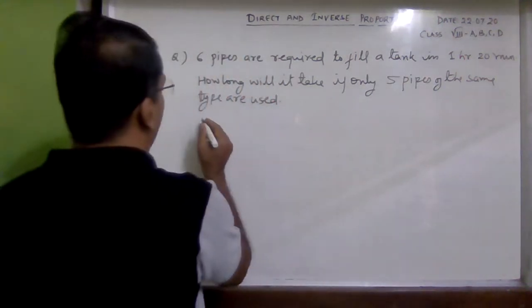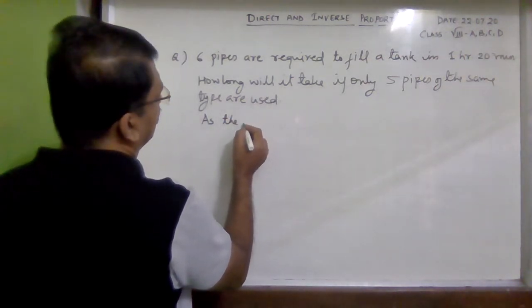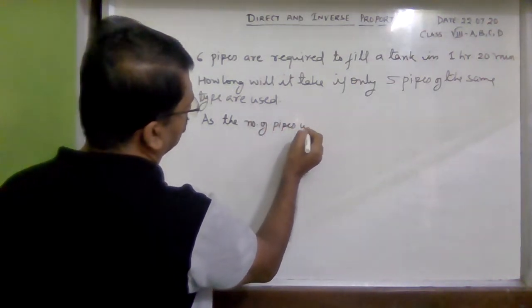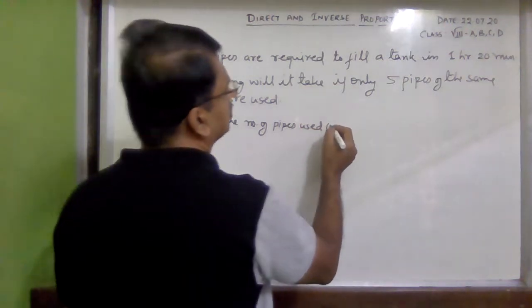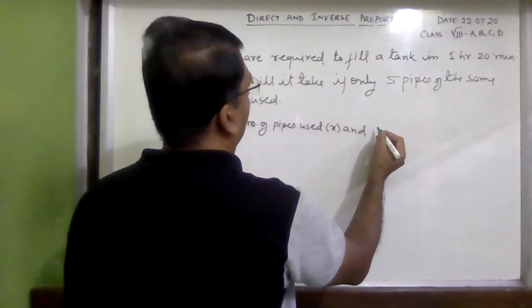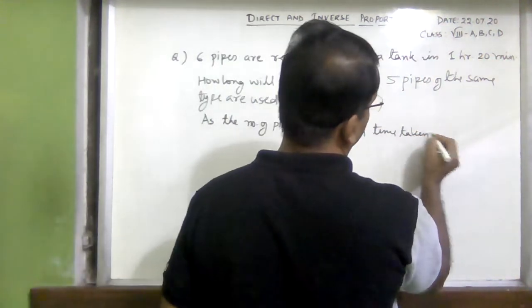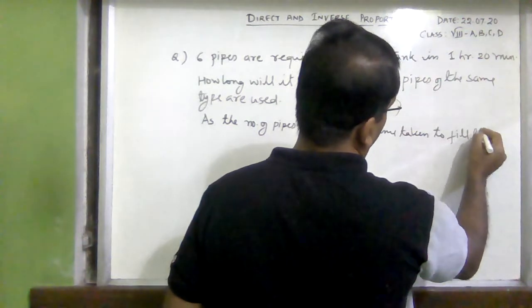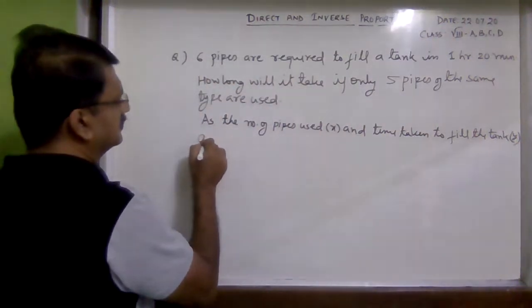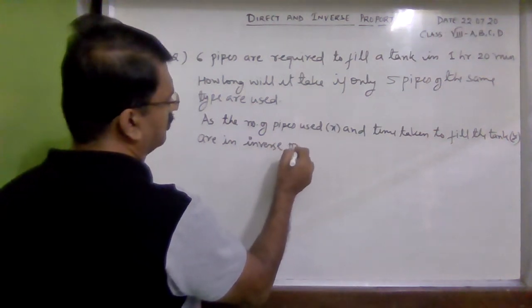So you write as the number of pipes used and time taken to fill the tank are in inverse proportion.